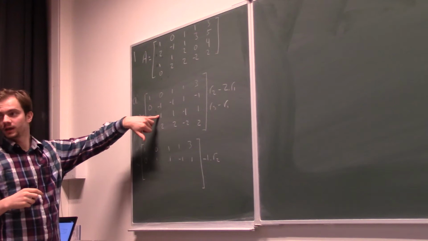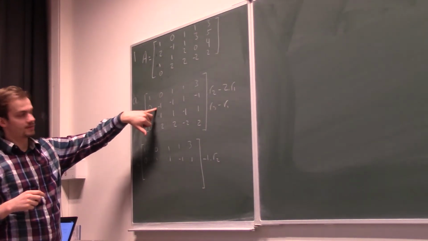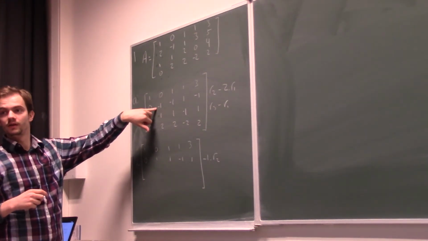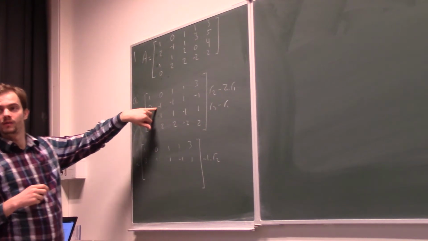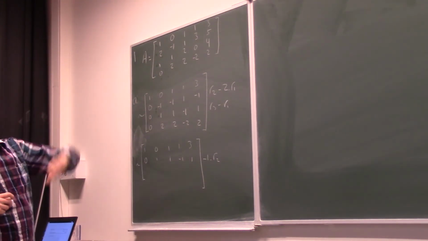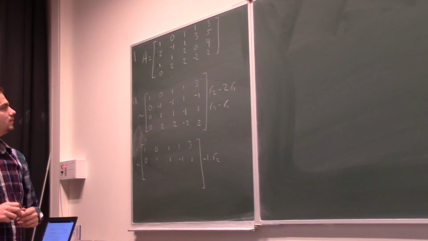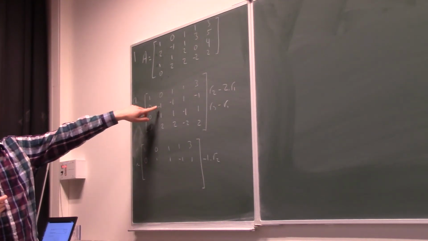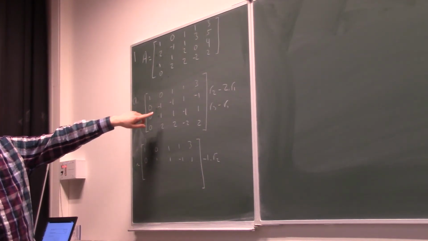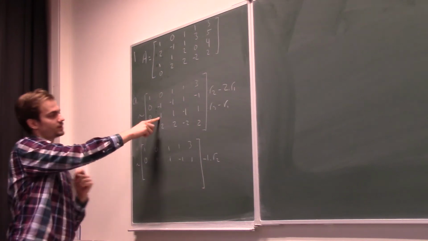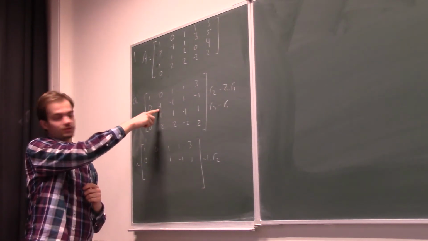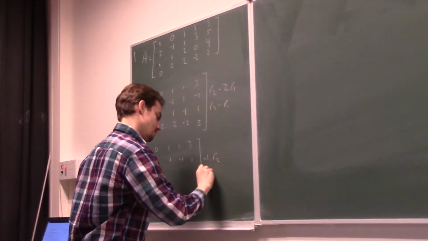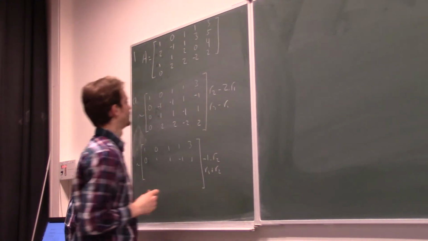Right, and then to get a 0 here, we need to add this one once, yes? If we multiply the second row with 2 and then we add it to the fourth one. That makes all zeros, right? Yes, but you want to make a 0 here. Right, so for this one we want to make a 0, so we add this one once, so this will be R3 plus R2.